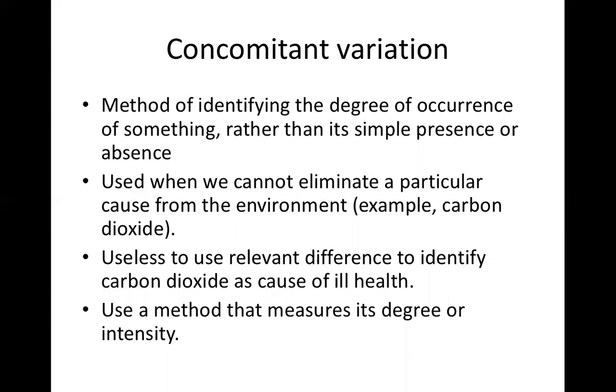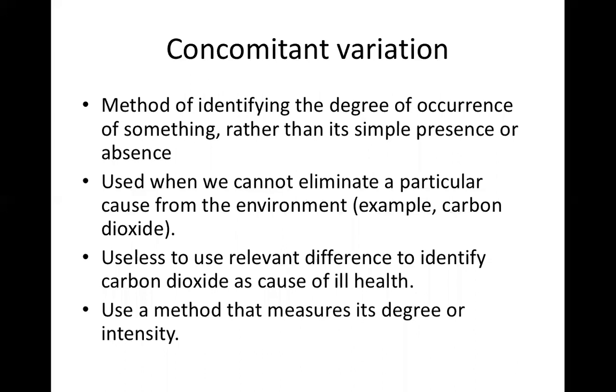Example, carbon dioxide. Carbon dioxide is always in the air. There's no atmosphere that has no carbon dioxide. But if carbon dioxide is causing a problem in an environment, then probably it is because it is too much in the atmosphere.